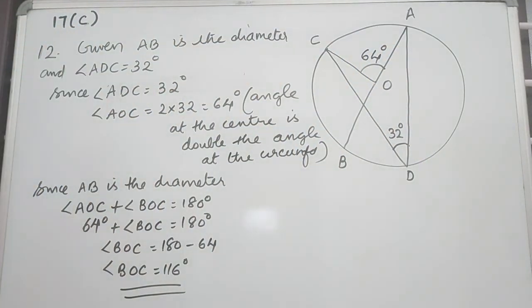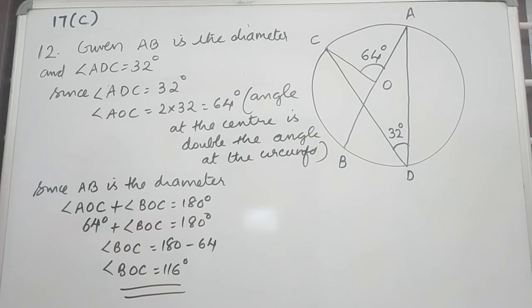We know the theorem. So the central angle will be twice angle ADC. So AOC is equal to twice angle ADC, so AOC is equal to 64 degree. Given AB is the diameter, since AB is the diameter it is a straight line.